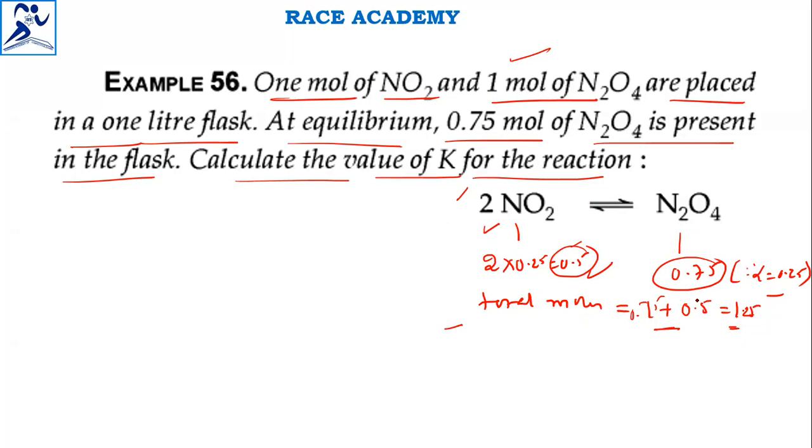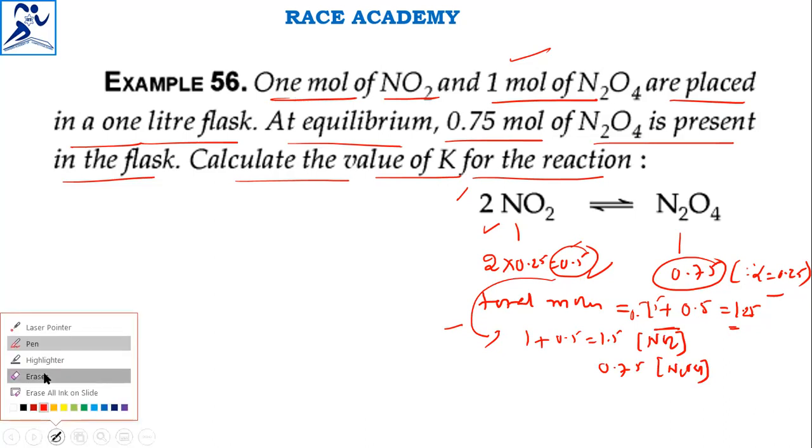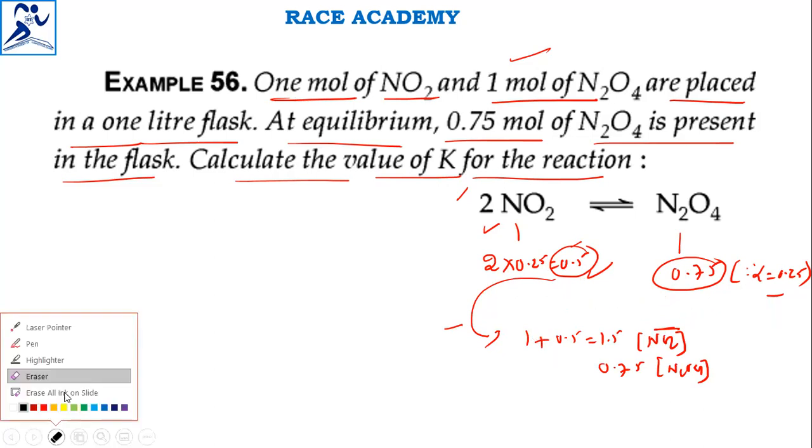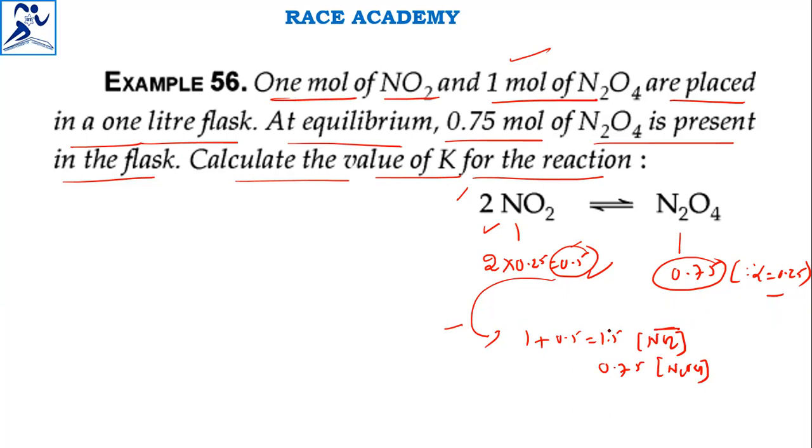The total is 1 plus 0.5, which is 1.5 for NO2, and the number of moles already given for N2O4 is 0.75. That's the meaning of it. So here I need to find the total moles. Now the total moles of NO2 is 1.5.